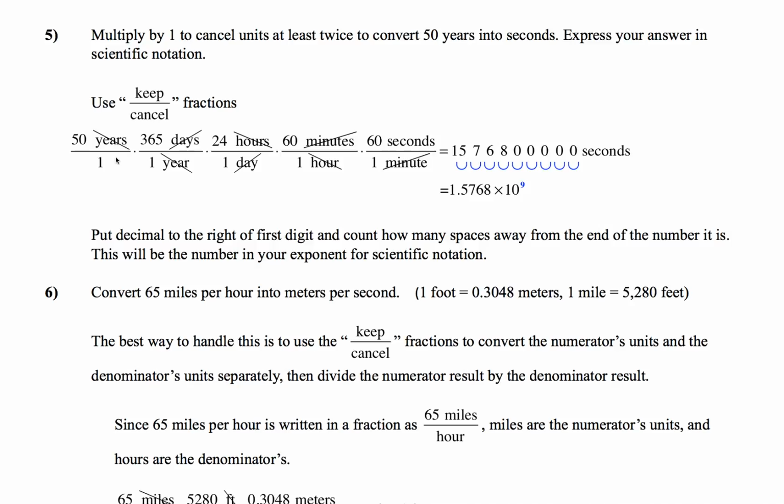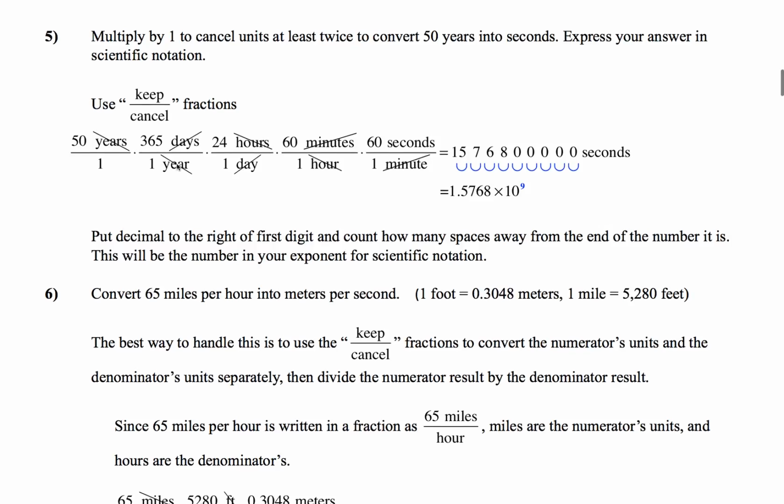For convenience, to make the cancellations clearer, I have written the 50 years over 1 for the first fraction, multiplied times 365 days over 1 year, and the years here cancel. Units cancel just like numbers do, and so years divided by years is just 1.